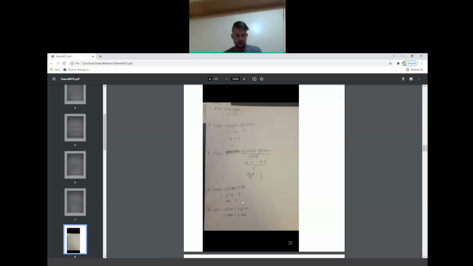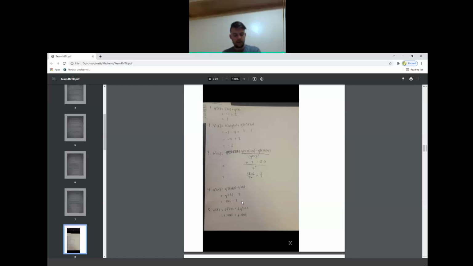So we're going to get g prime of 3 times f prime of 4. f prime of 4 is also 3, and g prime of 3 is undefined. So the answer just becomes undefined, because it's multiplied by that.